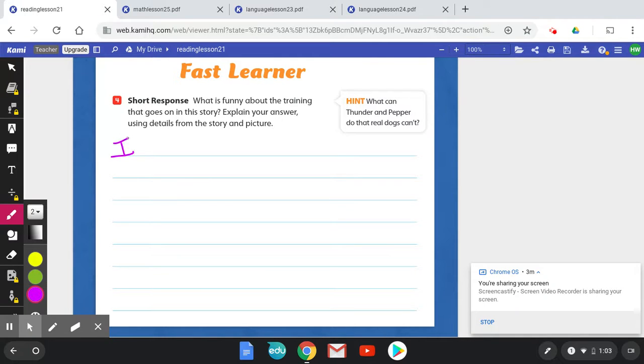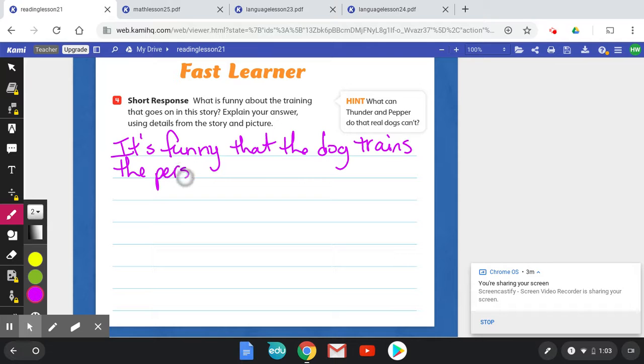So I would put that it is funny that the dog trains the person. It's usually the other way around.